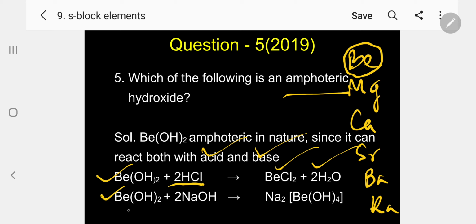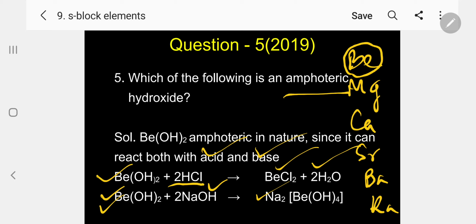Now treat it with sodium hydroxide, which we know is a strong base. It forms a complex, Na2Be(OH)4. Sodium hydroxide is a base, so beryllium hydroxide should be an acid, because a sodium salt is forming.